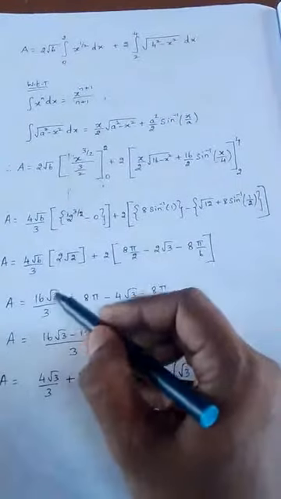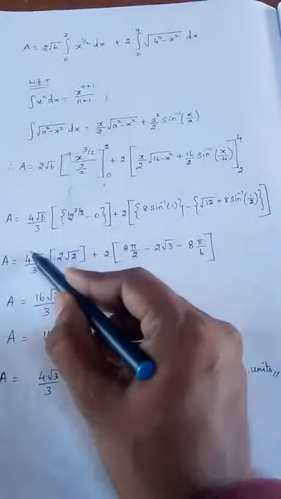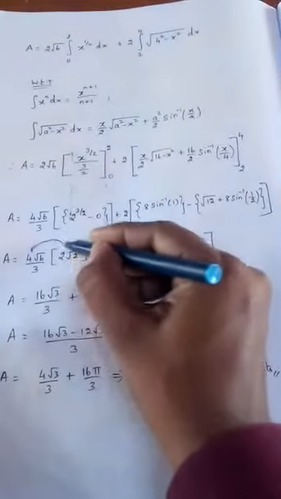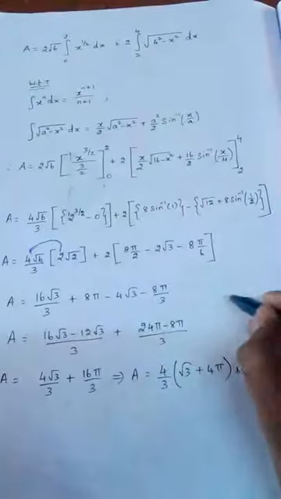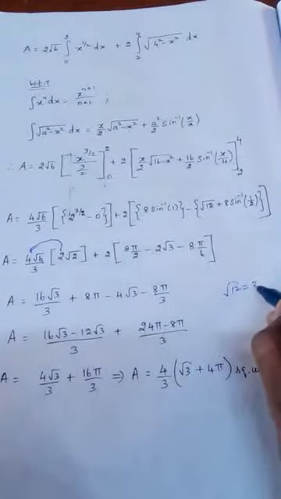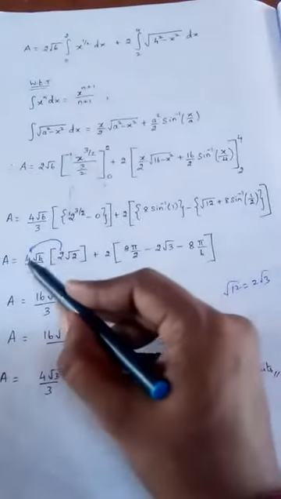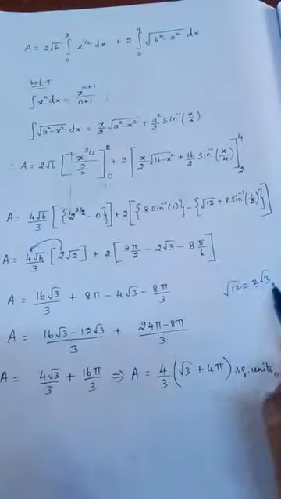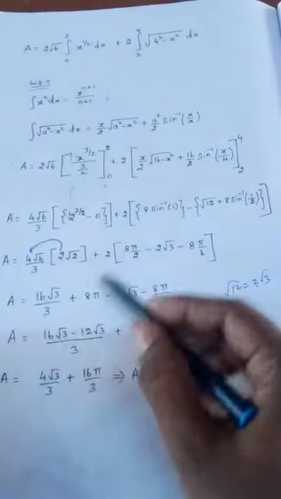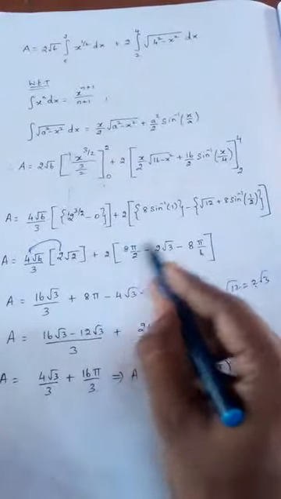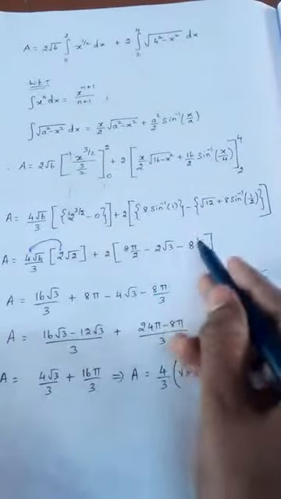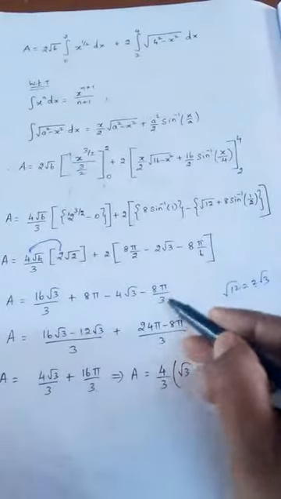Now I am just multiplying this. 4 into 2 is 8, and root 6 into root 2 is root 12. Root 12 is written as 2 root 3. So 2 again, 4 2s are 8, 8 2s are 16, root 3 by 3. And if you take 2 inside, 2 gets cancelled, 8 pi; 2 inside becomes 4 root 3, 2 inside cancels with this, so 8 pi by 3.